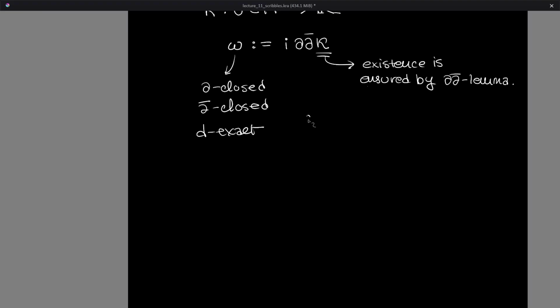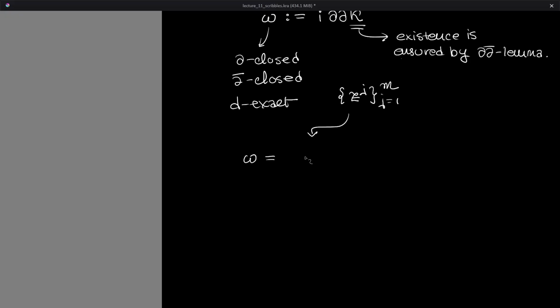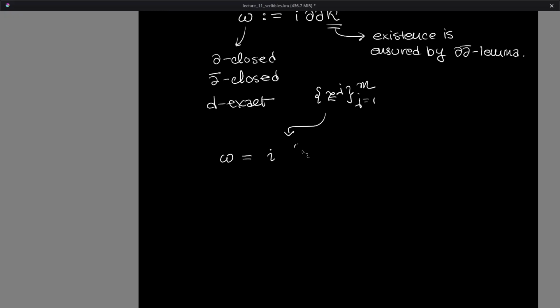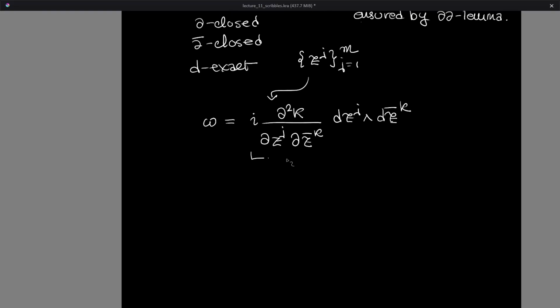And so if we have local coordinates z_j, j from 1 to m, in these coordinates we can rewrite this as omega equal to i times partial squared K over partial z_j partial z bar k, dz_j wedge dz bar k. And this is omega j k bar.